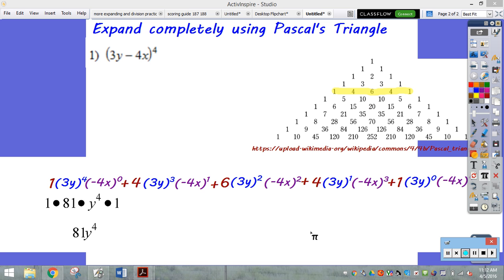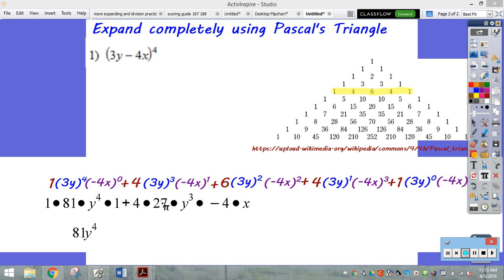And I just repeat that process down the line. So here I have 4, and then I would evaluate 3 to the 3rd, and this would become y to the 3rd, and then evaluate negative 4 to the 1st and x to the 1st. So once I multiply all that, it would look like this: I would have 4 times 27 times y cubed times negative 4 times x.